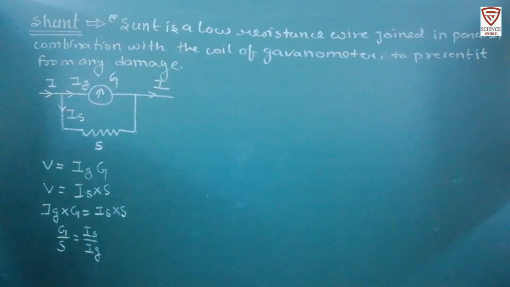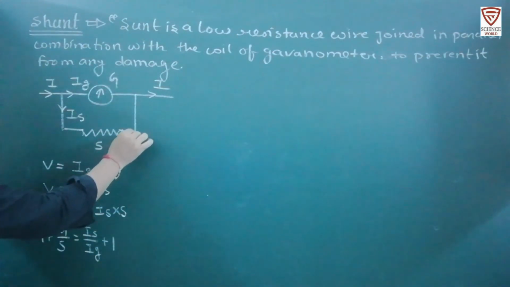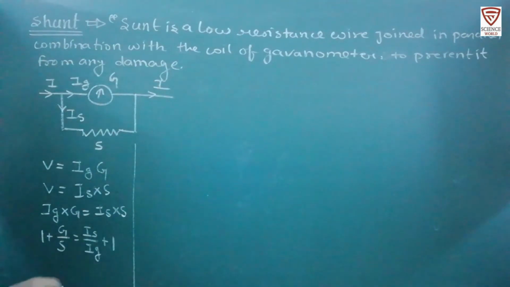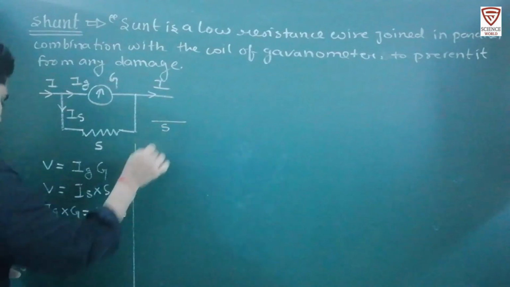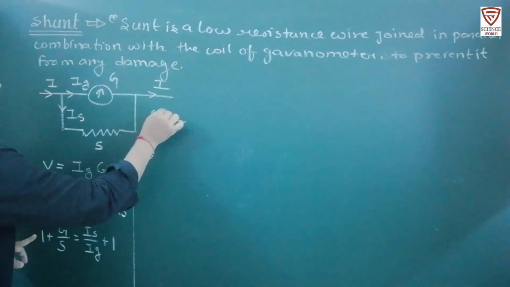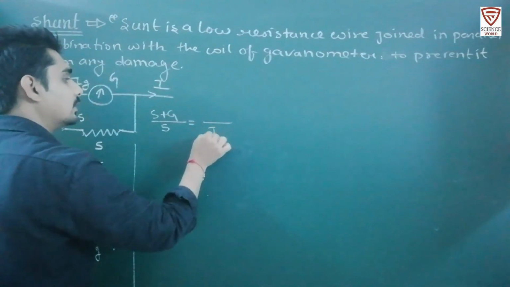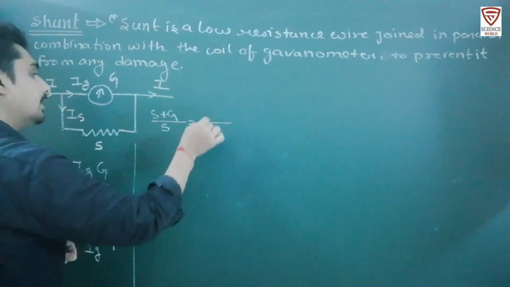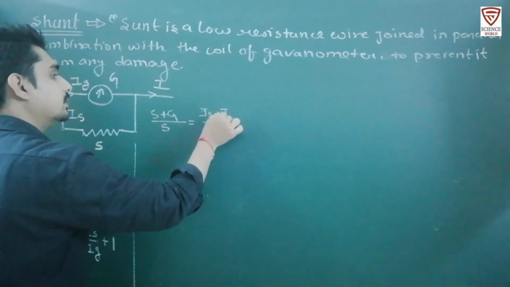Now I will add 1 at both sides. So we will find G upon S plus 1 is equals to Is plus Ig upon Ig.